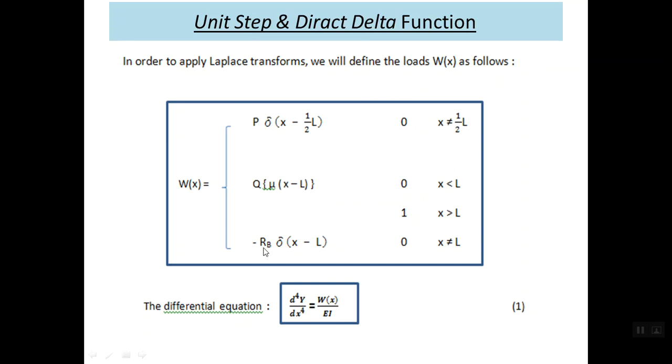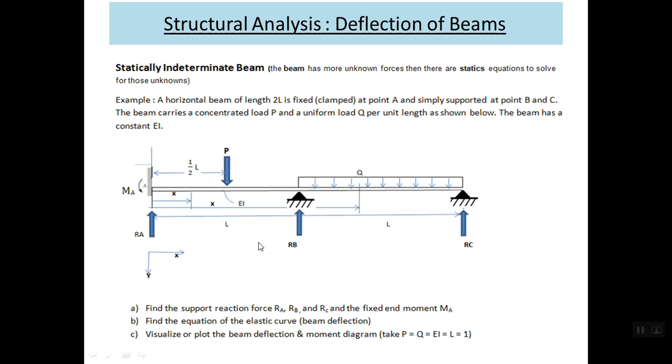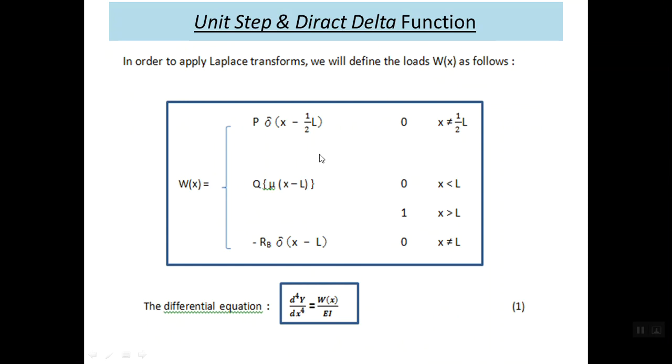The reaction RB at point B is negative: here positive is pointing downward, and the reaction at B points upward, so it is negative, considered as a load. The governing differential equation is the fourth derivative.